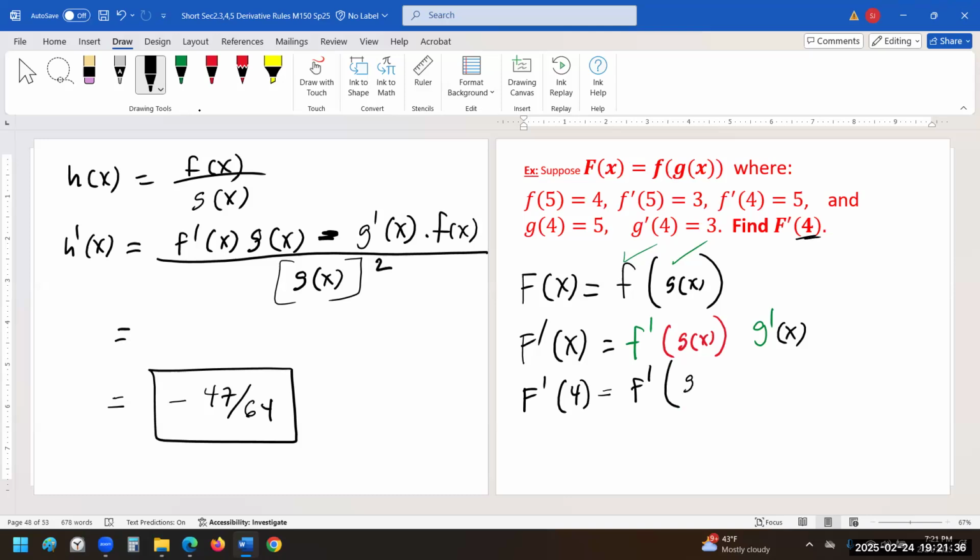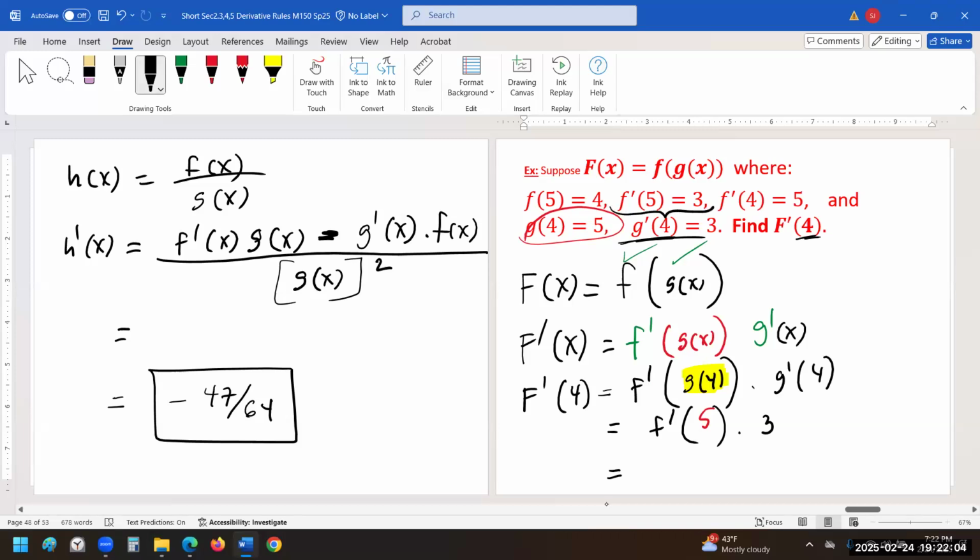So f prime of g of 4 times g prime of 4. Oh, that's why they gave us more information. So we find g of 4. What is g of 4? 5. So for the first one, it's f prime of 5, and g prime of 4 is 3. So you go to f prime of 5. That gives us 3. And we still have our 3. That's how we have 9.